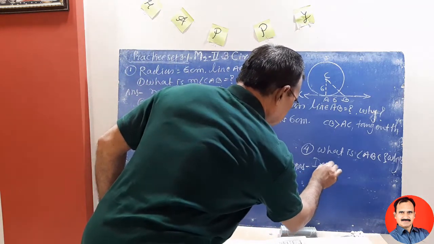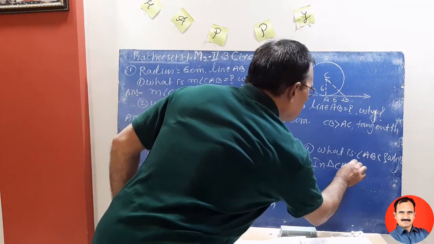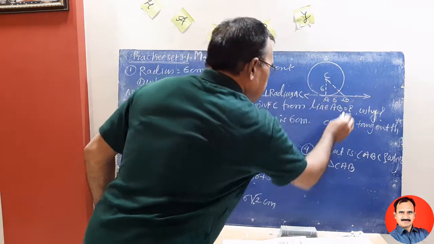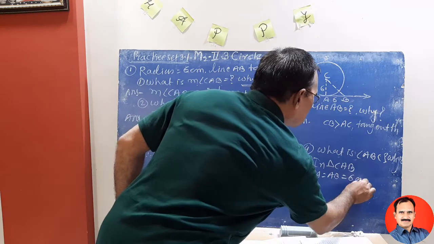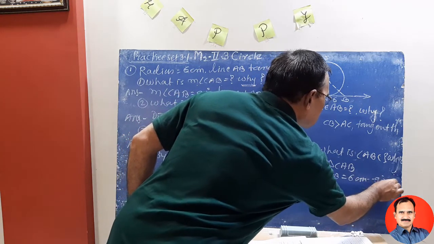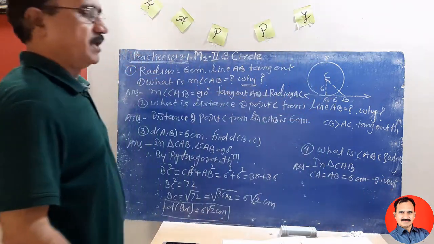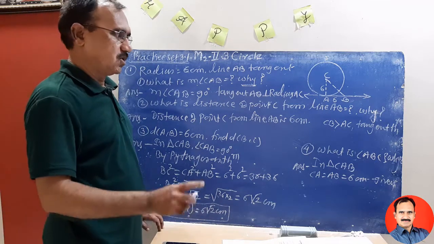In triangle CAB, CA is equal to AB. CA is equal to AB is equal to 6 cm is already given.